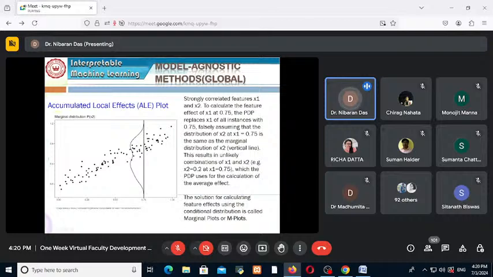If you notice, this is correlated data, so if both are increasing, you will get some increase. If you plot the partial dependency plot, most of the area will remain vacant because they are highly correlated. So strongly correlated features x1 and x2.